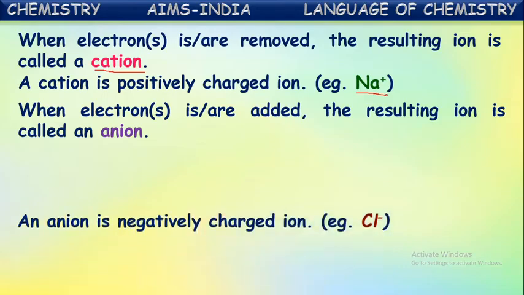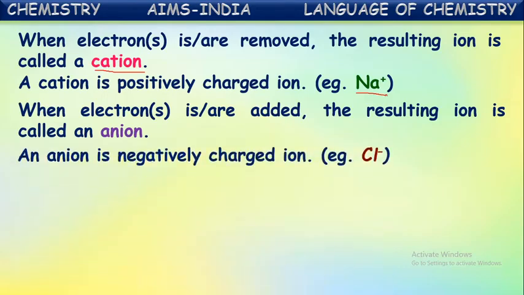Negative ions are called anions. They contain negative charge as they have excess electrons. For example, chlorine forms a Cl minus ion on gaining one electron. This chloride ion is called an anion, whereas the Na plus sodium ion is called a cation.